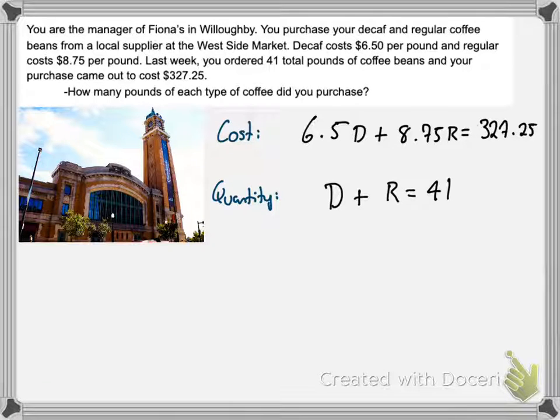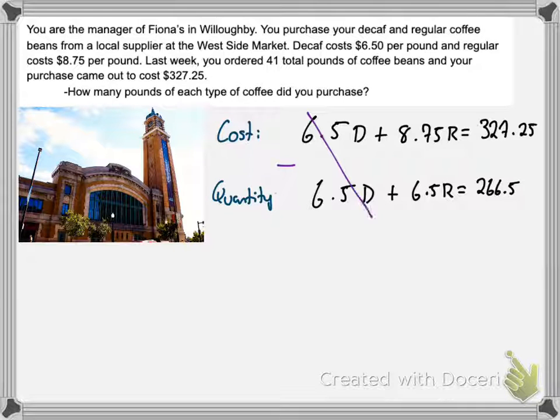What I'm going to do in this problem is match up the D's. That means I'm going to multiply the entire equation by 6.5, so the D, the R, and the 41 by 6.5. When I do that, my new equation is going to look something like this. Because I did that, now the D's match up. They're the same sign, so I'm going to subtract.